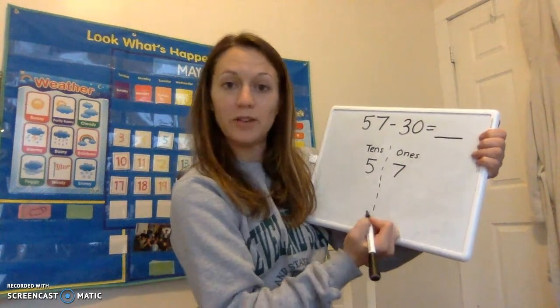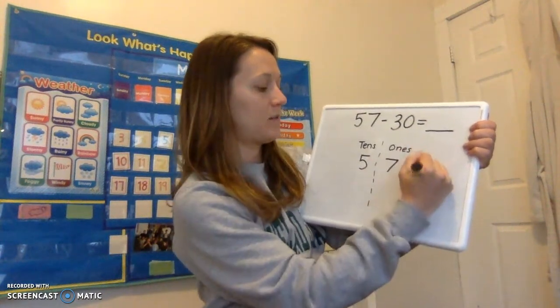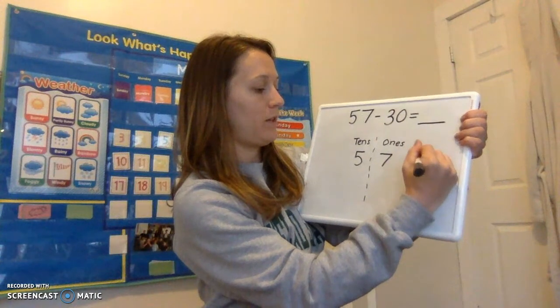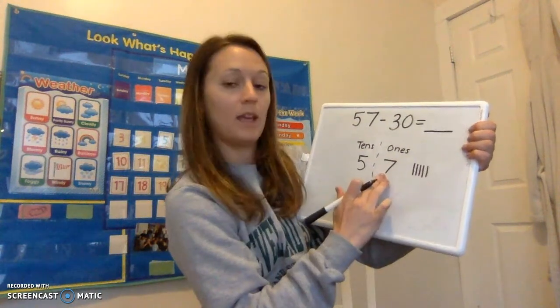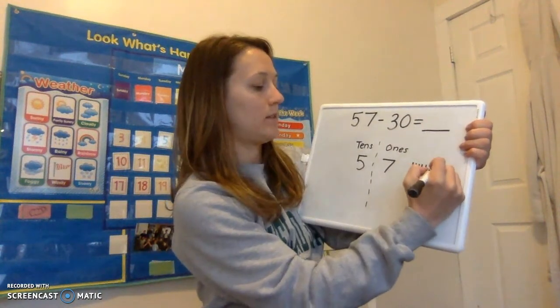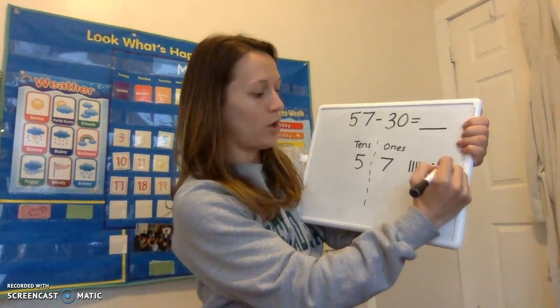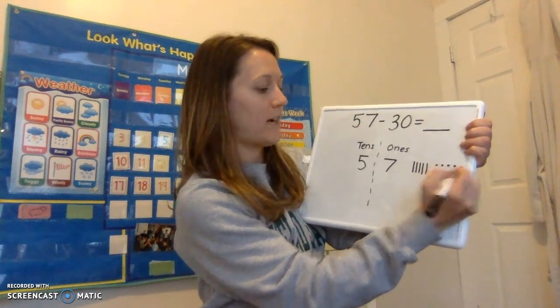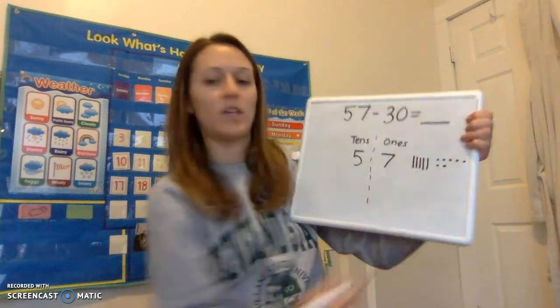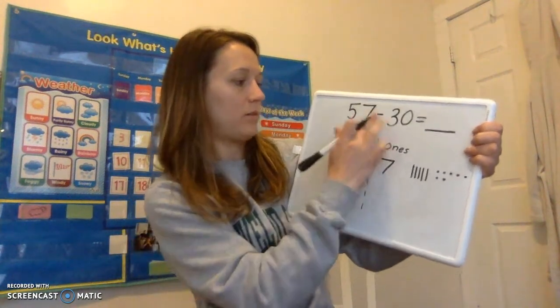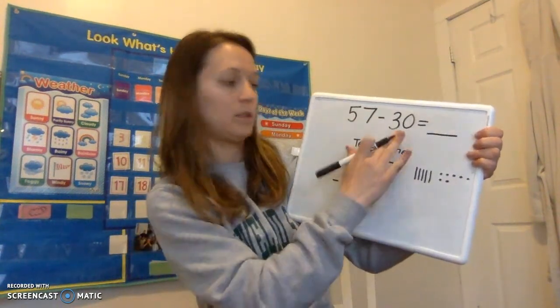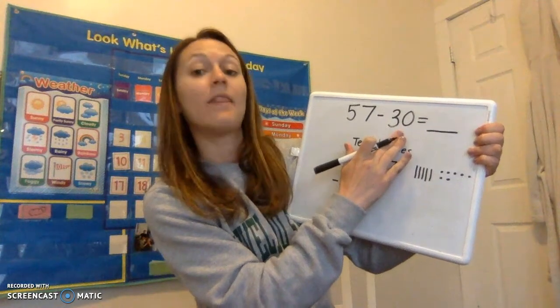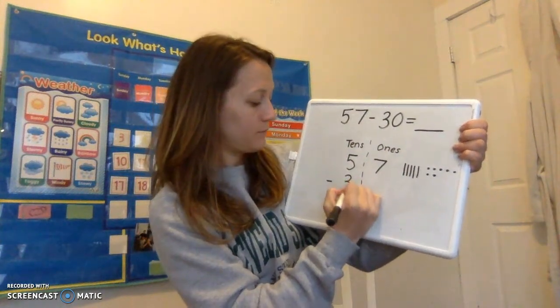I'm going to go ahead and draw that. 5 tens, 1, 2, 3, 4, 5, and 7 ones, 1, 2, 3, 4, 5, 6, 7. All right, now I need to subtract what number? The number 30.